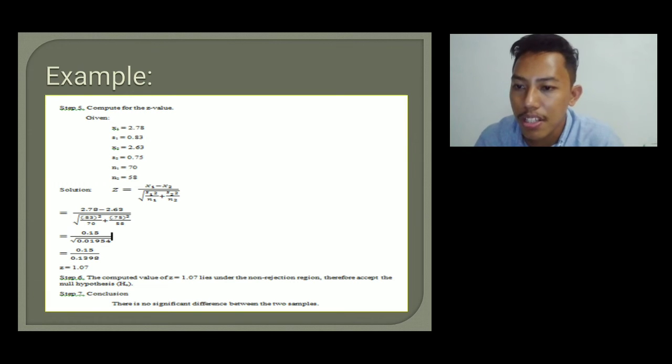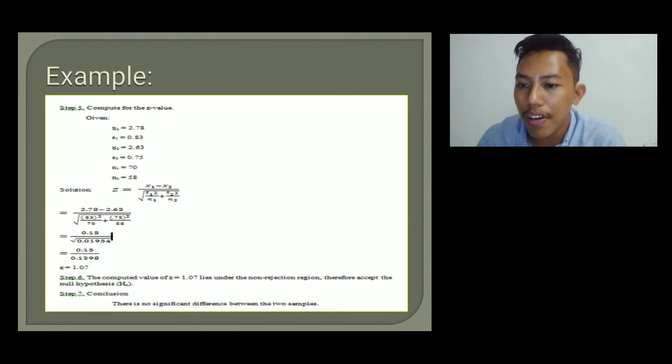So, it is equal to 0.15 over the square root of 0.01954. So, it is equal to 0.15 over 0.1298. Our z value is equal to 1.07.